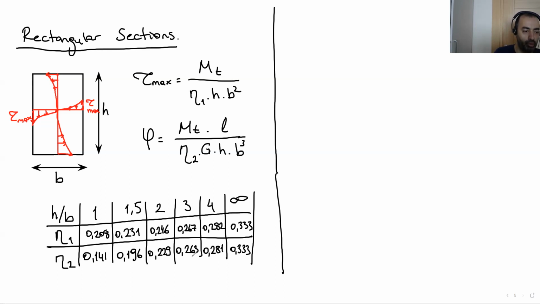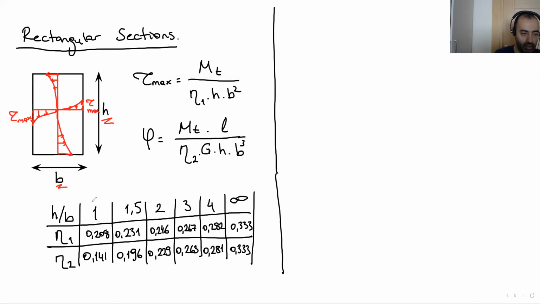If H over B ratio, as you can see, find the ratio of H and B from the top of the table, and depending on these numbers, get the coefficients from below. If you have any number in between two numbers, you can make an interpolation.